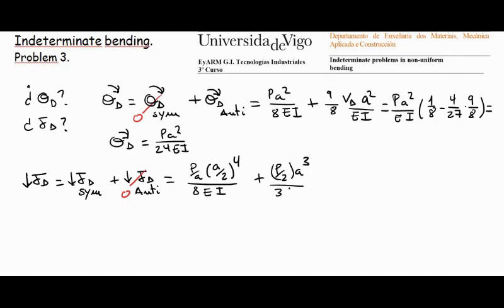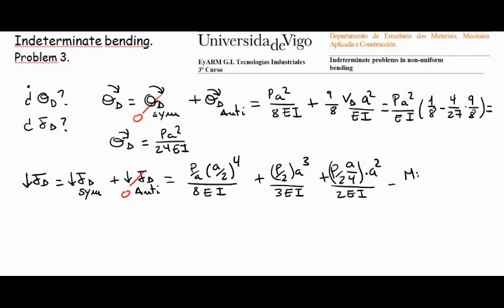And then, because of bending in ABC, we have the effect of the force P divided by 2 and the effect of the bending moment P divided by 2 multiplied by A divided by 4.